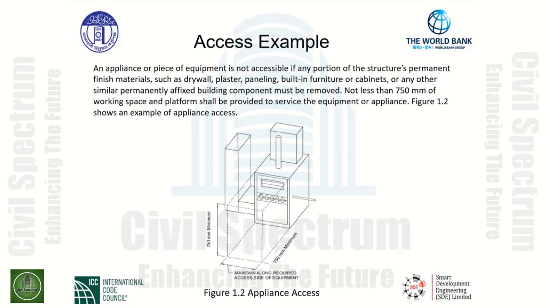Not less than 750 millimeters of working space and platform shall be provided to service the equipment or the appliance. Figure 1.2 shows an example of appliance access. As seen here, we have a service side of the appliance, and we maintain a platform and minimum dimensions for serviceability of the permanently installed appliance.